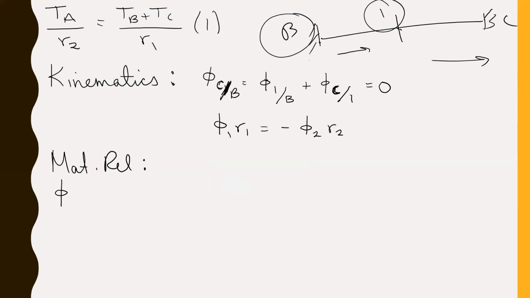Each section of the shaft will have different rotation. So the rotation of 1 relative to B is going to deal with this section here. So we'll say that, that's not what I want.